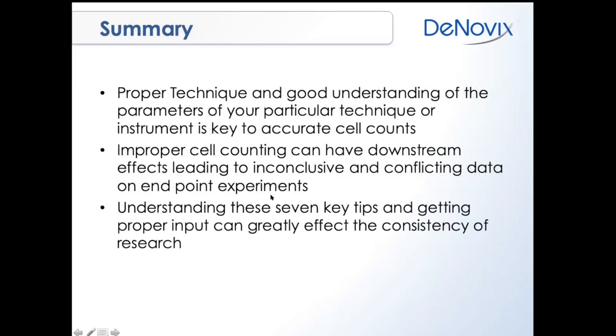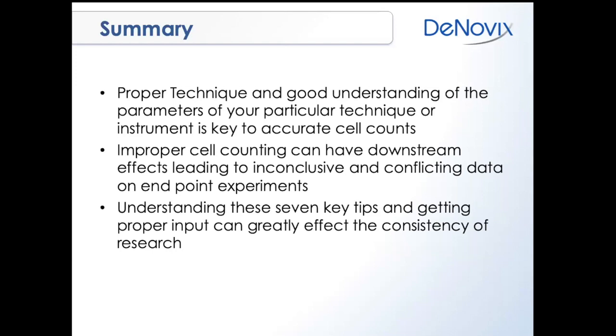Okay, so just to summarize those 7 tips, proper technique and good understanding of the parameters of your particular instrument is key to getting accurate cell counts. If you don't get a proper cell count, this can lead to downstream issues in your experiment.